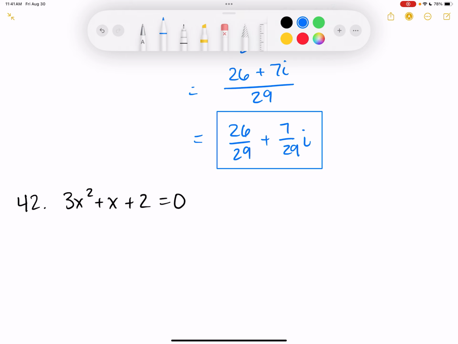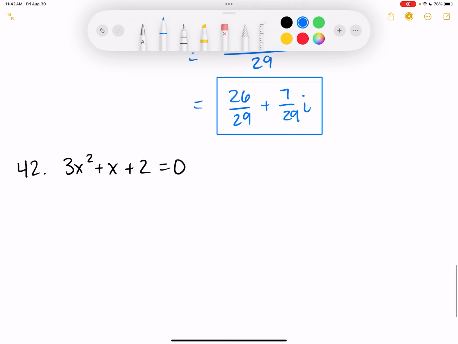So, what's my next option? Quadratic formula. That's right. Let's go. She said it a hot minute ago, so I was trying to get her to say it again, but she wasn't saying it.